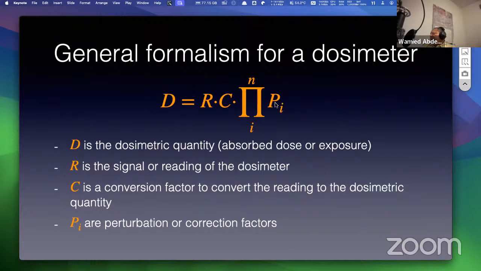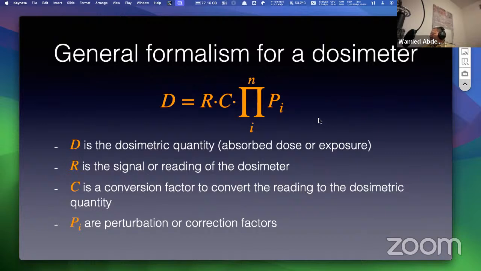Even for NDW, we need a correction factor, which is given by the KQ factor. If you have an NDW for a specific energy, and we're doing the measurements at a different energy, then we know that NDW is not valid, so we need to correct it.